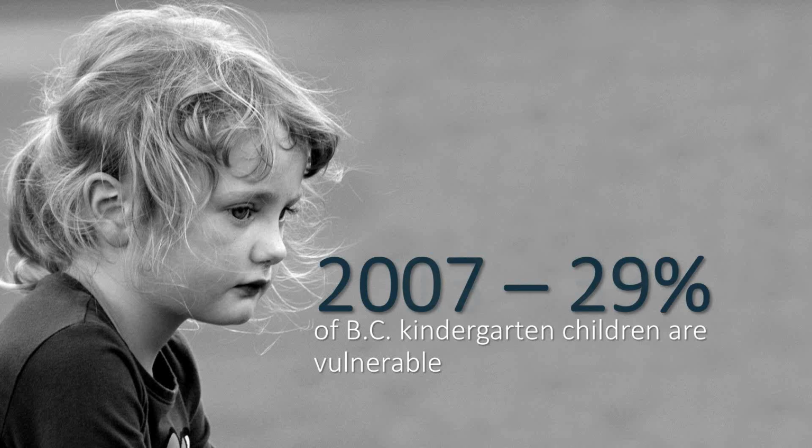And then what's happened over time is in 2013, at the end of Wave 5, that number had risen to 33% of all kids in BC vulnerable in some aspect of their development.